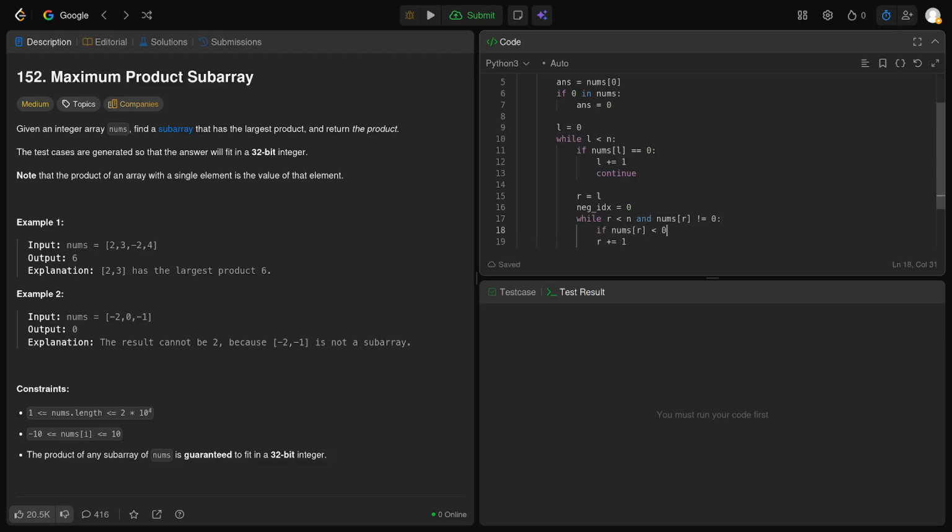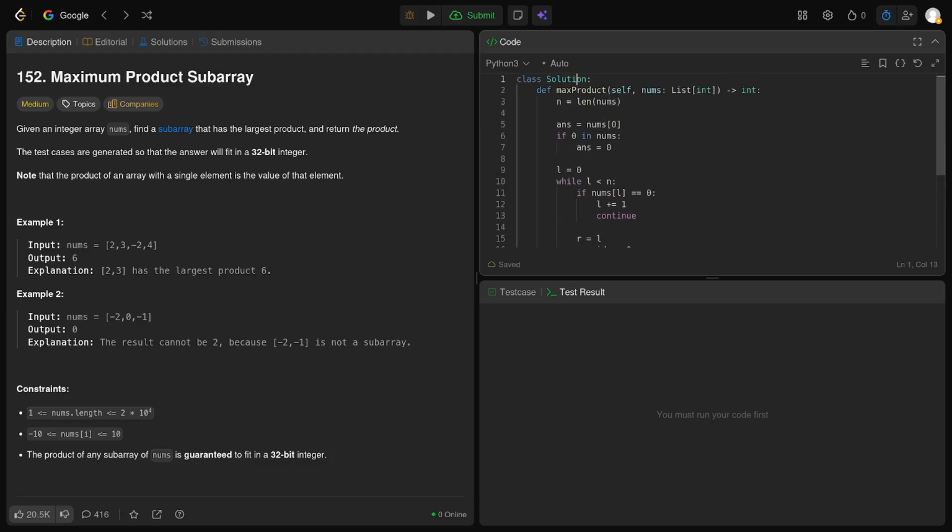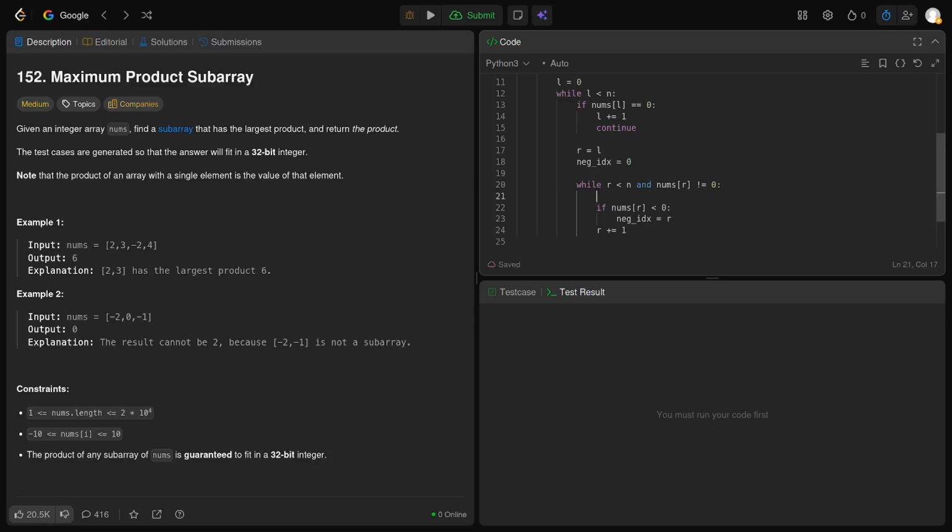If nums[R] is under 0, then the negative index is R, because we want to keep the last index. And we also want to keep the prefix product. So let's do like 1, right, and prefix product, and here is what we are doing.